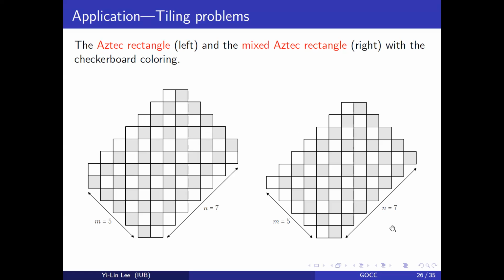On the right picture is something we call a mixed Aztec rectangle. It's obtained from the Aztec rectangle by removing all the black unit squares on the southwest boundary, and then removing all the white unit squares on the southeast side. So we obtain this mixed Aztec rectangle.